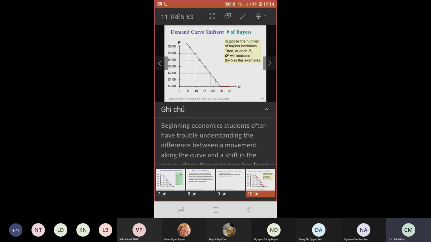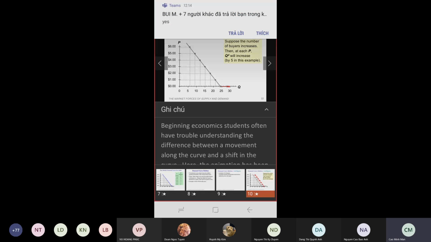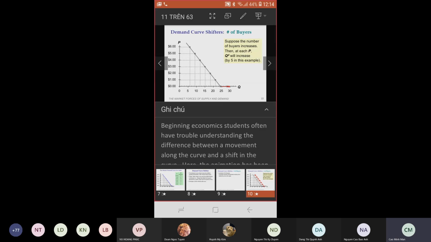With the price at zero, everything is the same. Other things are equal. Other things are the same. You should agree with me, demand is higher.